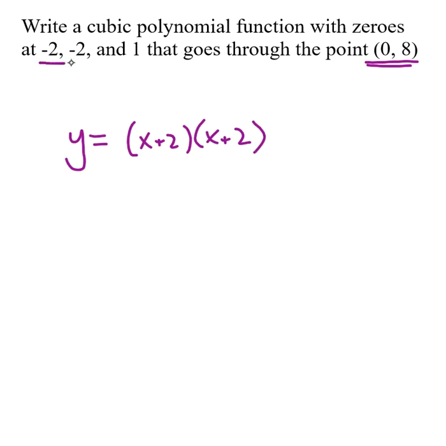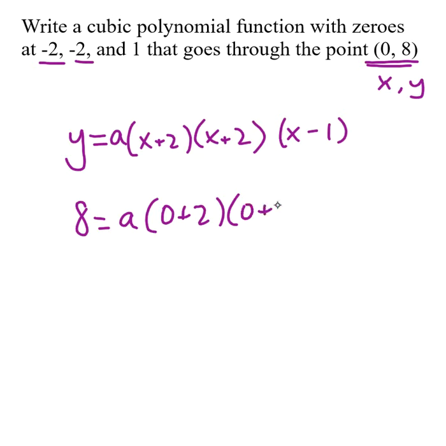Notice I have this written there twice. That's why I have two of those. And x minus 1. I'm also going to put that a in front for a moment, but I will eventually find what that a value is. To find that a value, I'm going to make the x a 0 and my y 8. And I will find what a is.